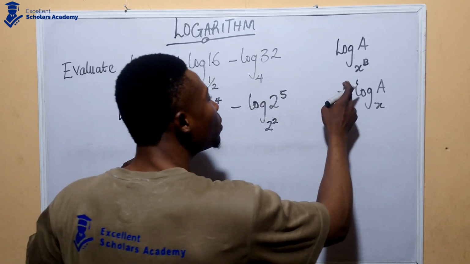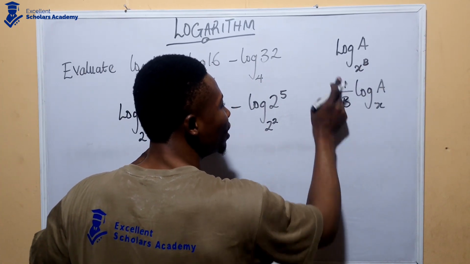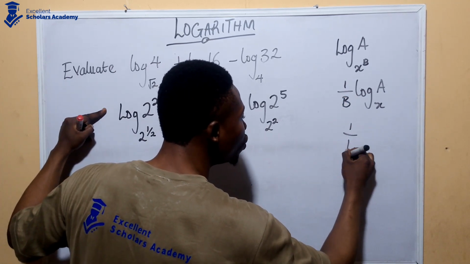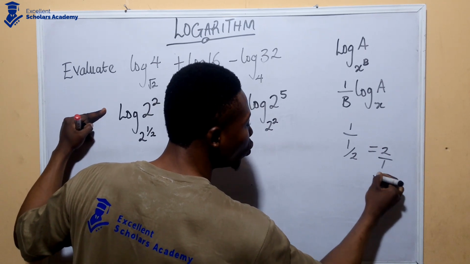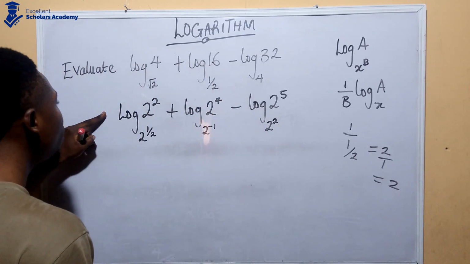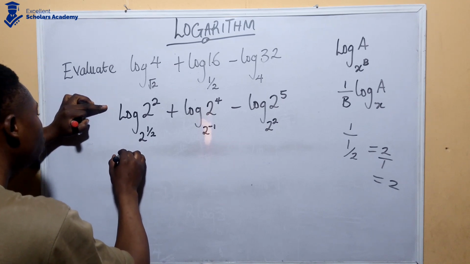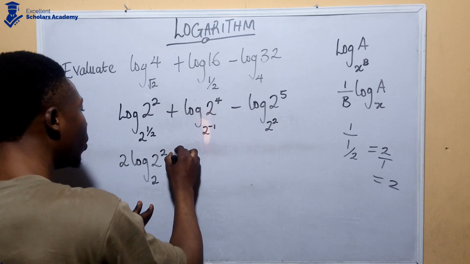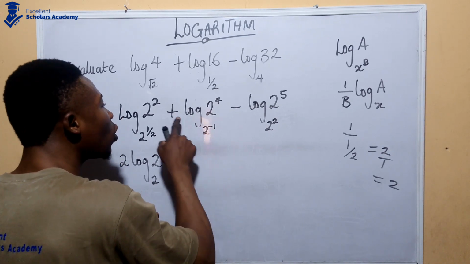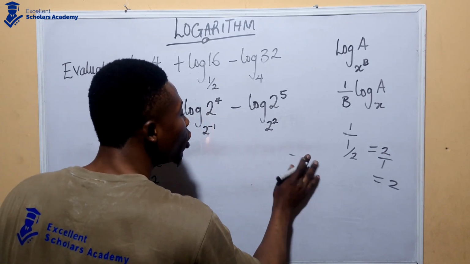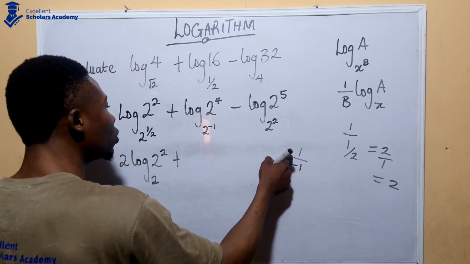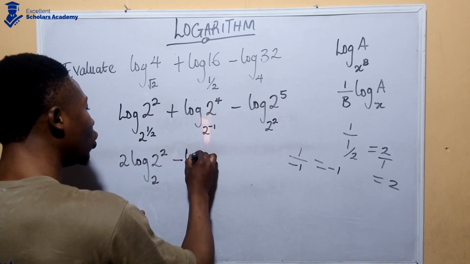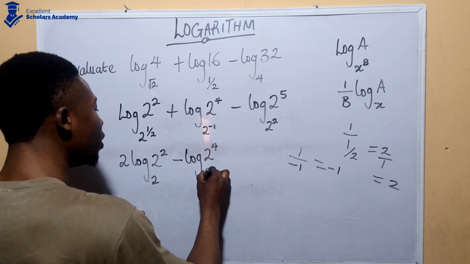If this comes behind here, it becomes an inverse. So if 1 over 2 is coming behind, the inverse of 1 over 2 is going to be 2 over 1, which is still 2. Alright, so when this comes here, it becomes 2 log 2 to the power of 1 over 2 base 2 plus, let's just settle this first. Now minus 1 comes here, it becomes 1 over minus 1, which still gives us minus 1. Alright, so minus 1 comes here, and it becomes, not plus again, but changes to minus log 2 to the power of 4 base 2.